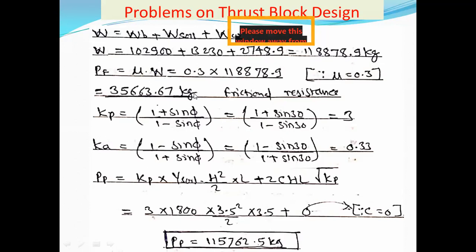Then find out the total passive earth pressure. See here in the problem, it is given that the value of cohesion is 0. So this quantity will become 0. Okay, because C is 0. Only you have to calculate this value.